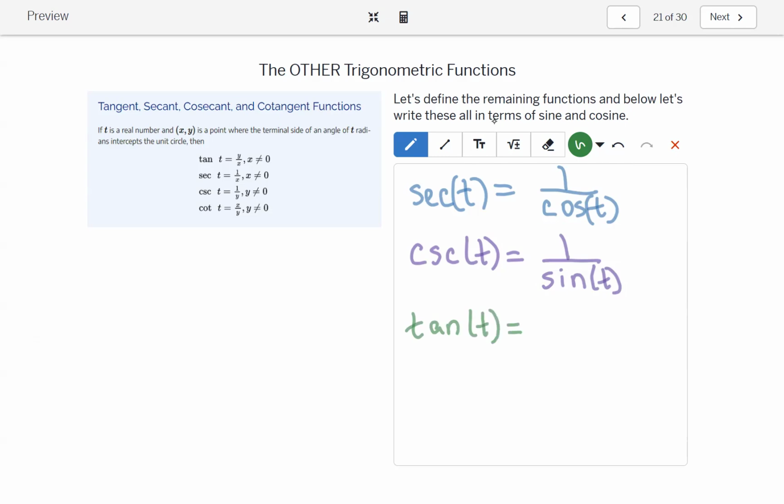Now tangent up here is defined to be y over x. Y is associated with sine. X is associated with cosine. So tangent is the same as the ratio of sine to cosine. It is also the ratio of opposite over adjacent. That's our tripping on acid from our acronym.